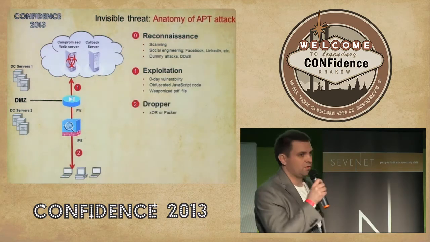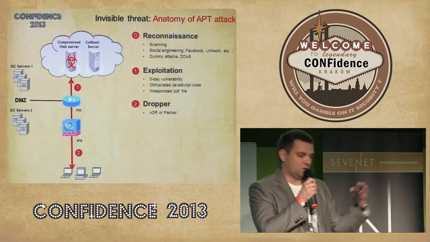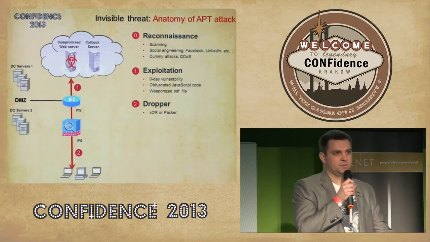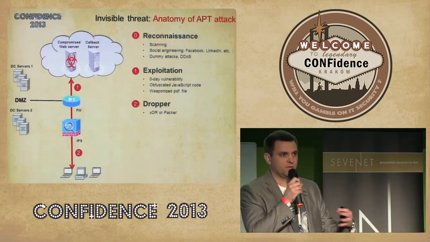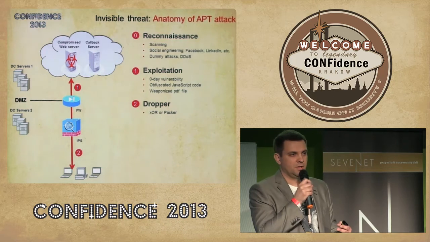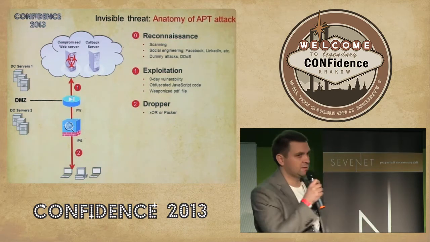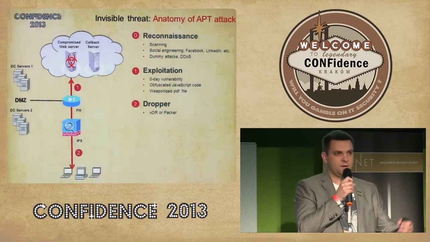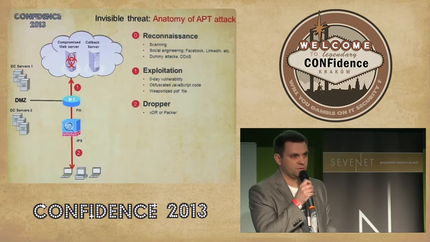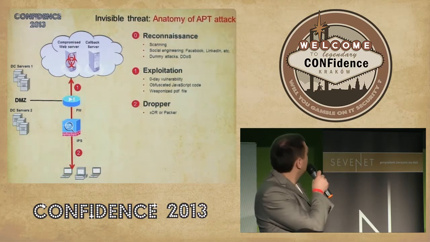After this, we have the dropper phase. Let's say we have already exploited the station. What the attacker wants is to be present on the station even after reboot. So during the dropper phase, a lot of binary files are downloaded to the station, many keyloggers, password crackers, and so on.